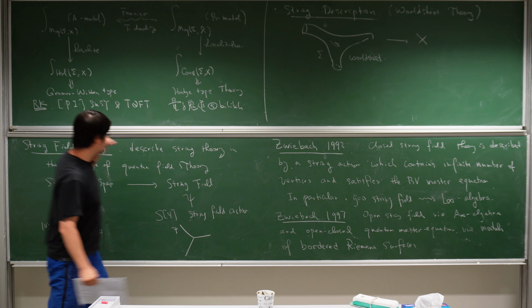Now, for the B model, we're going to focus on the discussion of the B model from the string field theory point of view. And the B model usually is called a B-twisted topological string, or it depends on whether you couple to gravity or not.